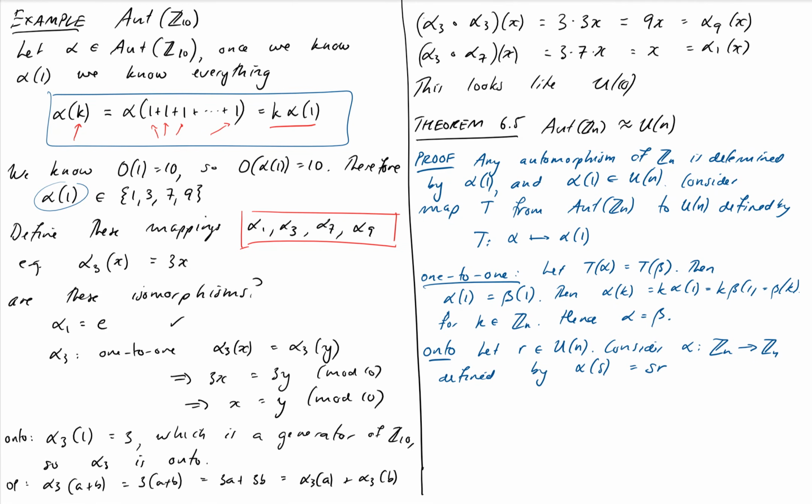Alpha of S is equal to S times this R, times this alpha of 1, if you like. We can show that alpha is an automorphism.